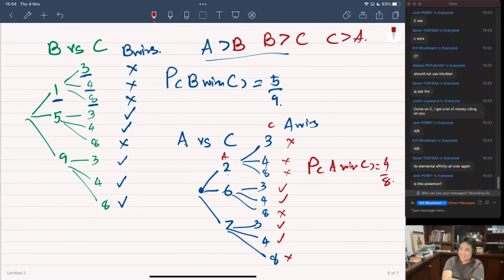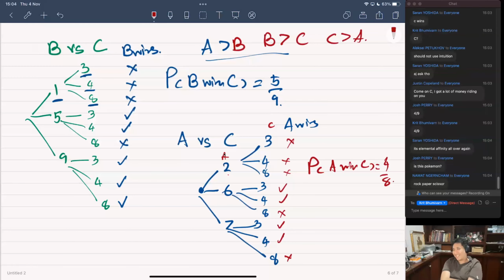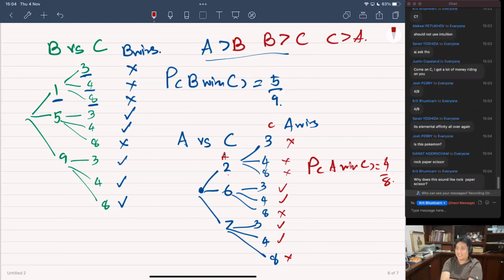Is it Pokemon? Yes, because that's what your generation calls it, but in my generation, it's called rock paper scissors. But yes, it's Pokemon. And actually, that's how Pokemon is designed. It's designed to be rock paper scissors, so that you can always counter the other element.